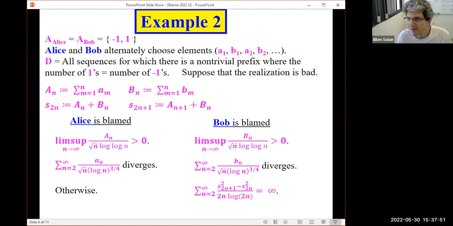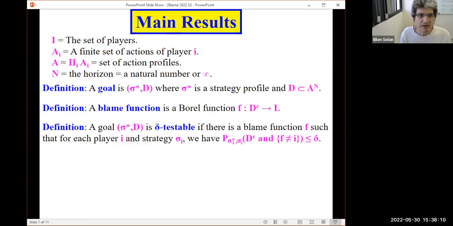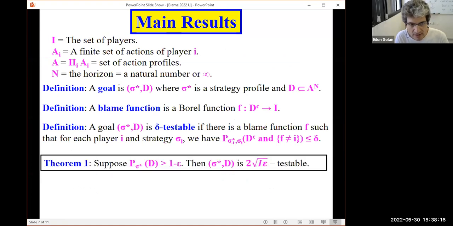So I do not have a blame function to give you for that example of a two-dimensional random walk. This is an open problem. Okay. So for some cases, we do have blame functions. For some cases, we do not have an explicit blame function. But nevertheless, what can we say? So I'm going to show you two results.